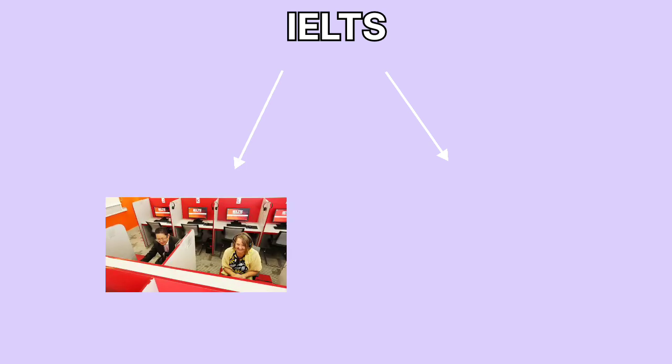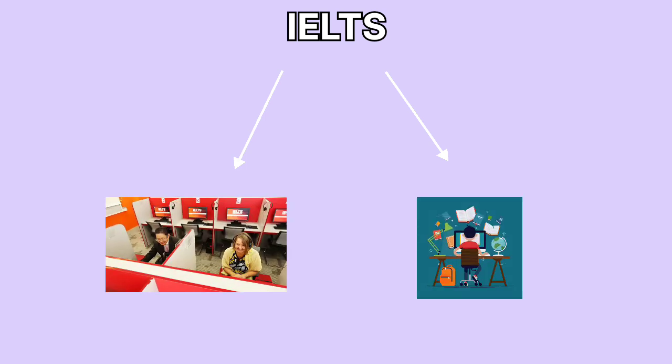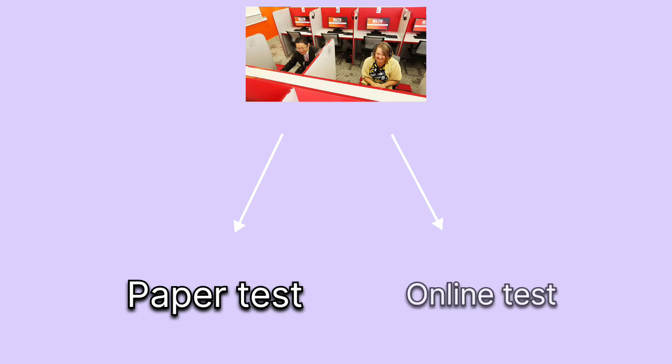You can either opt for a test center, or you can give an online examination from your home itself. Within the test center also, you will be given two options. You can go for a paper test where you will be actually writing down the answers on paper, or you can go for the computer-based test where you will be typing the answer on the computer.